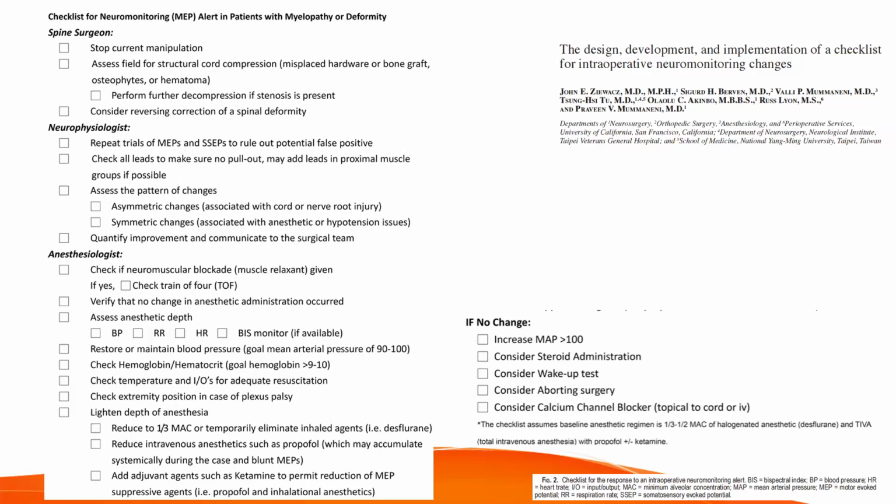Even after all this, if there is no change, then increase the mean arterial pressure and maintain it at more than 100, and consider steroid administration, like giving 30 mg per kg. If there is still no change, then go back to the classical wake-up test. If not, consider aborting surgery, or consider a topical calcium channel blocker.